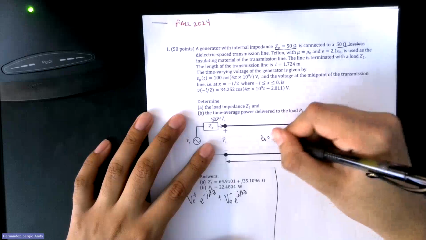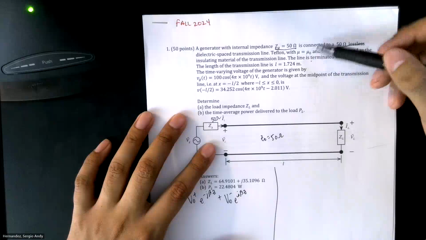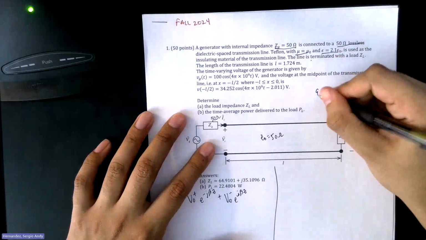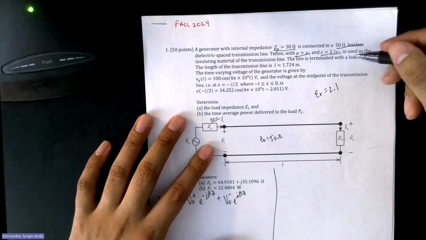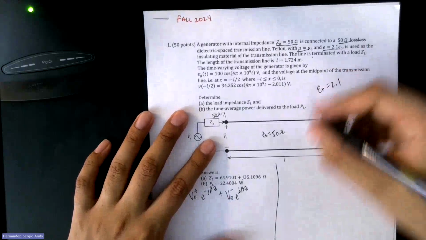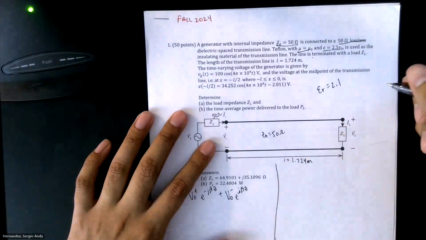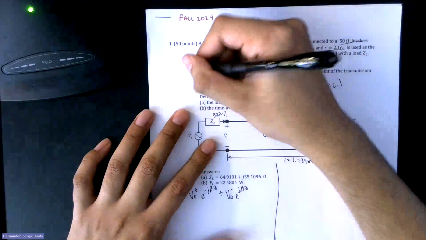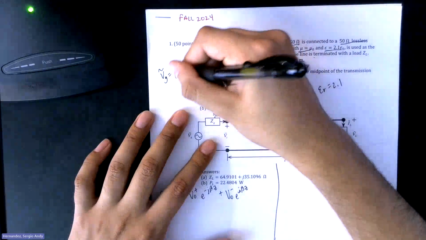So Z naught equals 50 ohms. Mu equals mu naught, epsilon equals that. You can grab your epsilon r equals 2.1. Given length, 1.724 meters. Given voltage at the generator, turn it into phasor, which is 100.